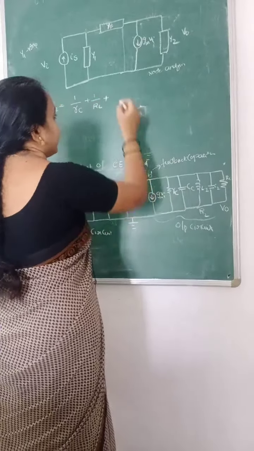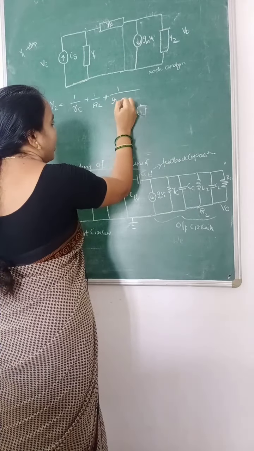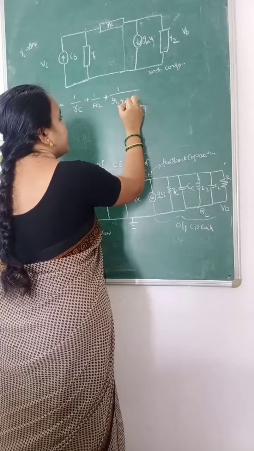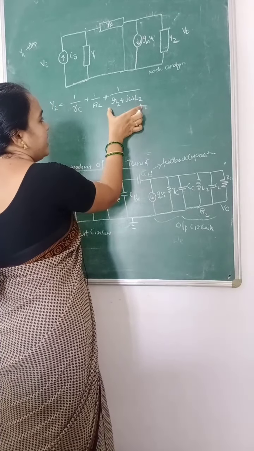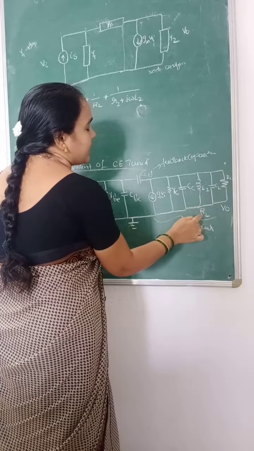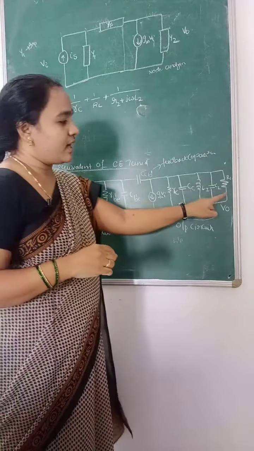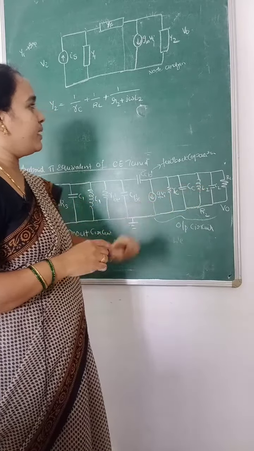So for inductance the resistance is R2 and its reactance is j omega L2. So the admittance for this inductance is 1 by R2 plus j omega L2.